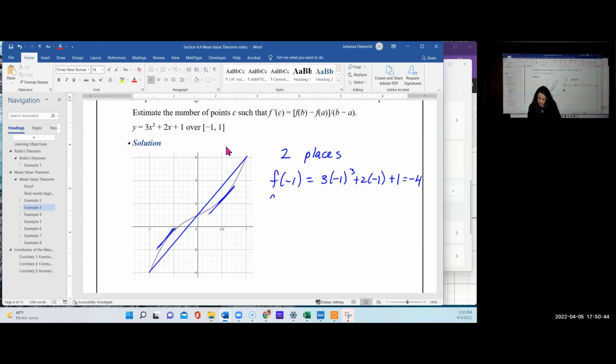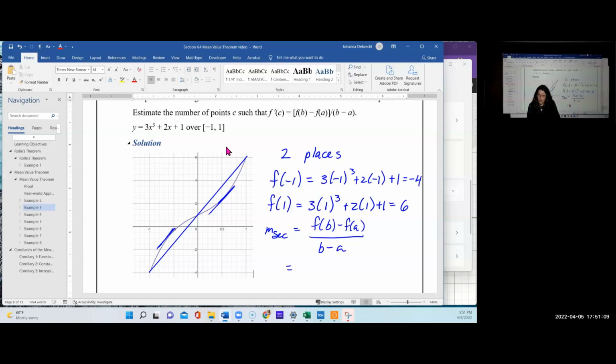And then I can find the function value at the right endpoint, which is 1, which would be 3 times 1 cubed plus 2 times 1 plus 1, which gives me 6. Now I find the slope of the secant line by evaluating the difference quotient, f of b minus f of a over b minus a.